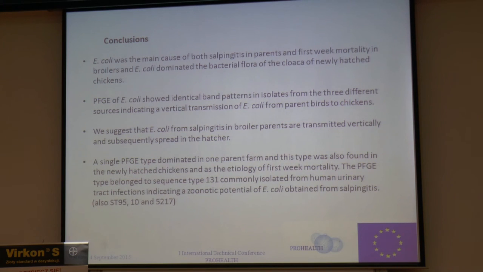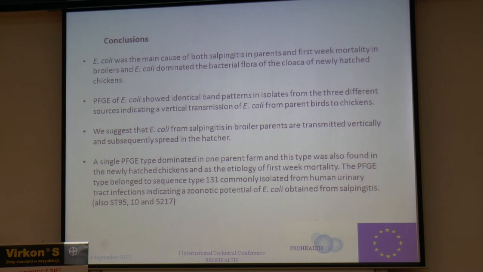The distribution concerning these sequence types is still a puzzle. We know some are more important, more virulent, more aggressive than others, but it's very difficult still to understand this and why. But there is an interesting aspect, and that is that some of these subtypes, again, ST131, is commonly also isolated from human urinary tract infection.